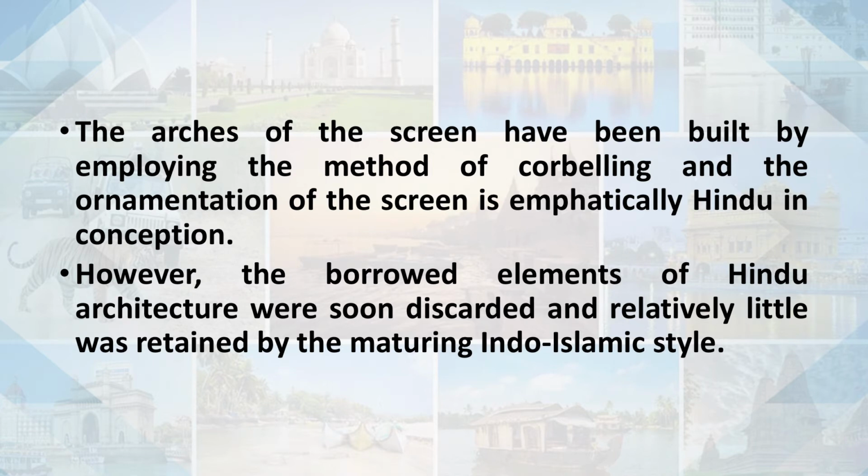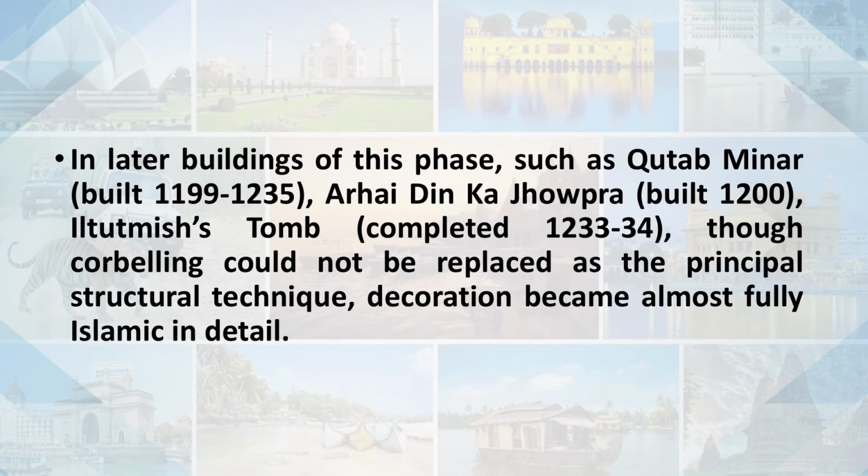However, the borrowed elements of Hindu architecture were soon discarded and relatively little was retained by the maturing Indo-Islamic style. In later buildings of this phase, such as Qutub Minar, Adhai Din Ka Jhonpra, and Iltutmish's tomb, though corbelling could not be replaced as the principal structural technique, decoration became almost fully Islamic in detail.